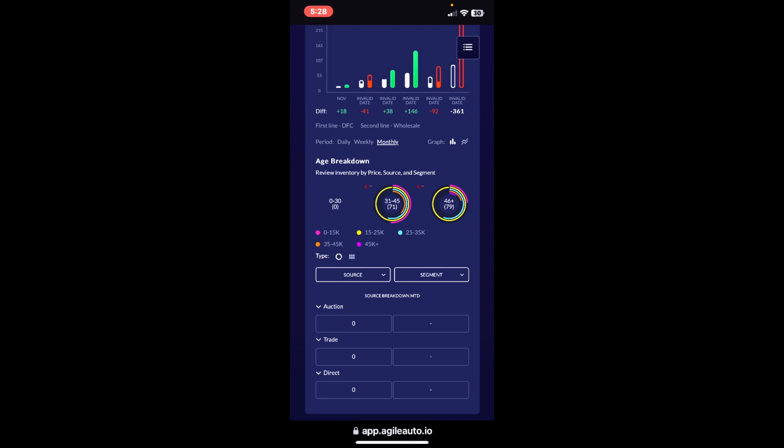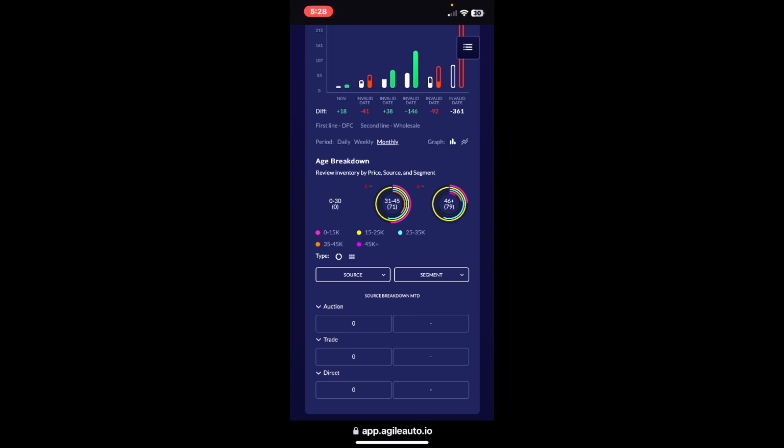And so getting rid of those units is probably not going to be very profitable. And of course, 0 units in 0 to 30 means you're not going to turn as fast as you want to. So there's a recipe for disaster here, but stores like this can get fixed really well once the focus is on the right things.